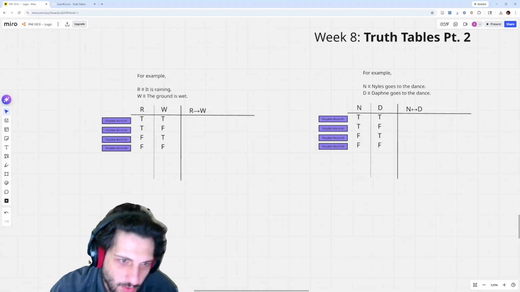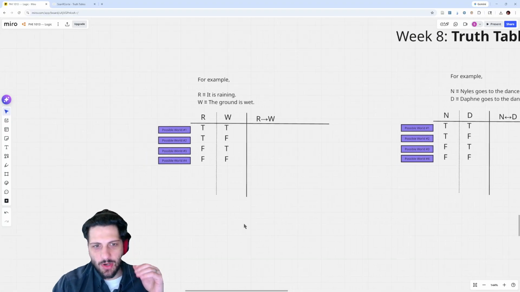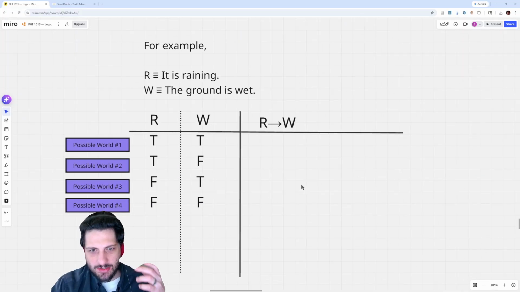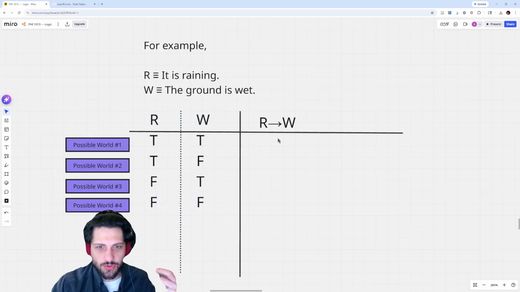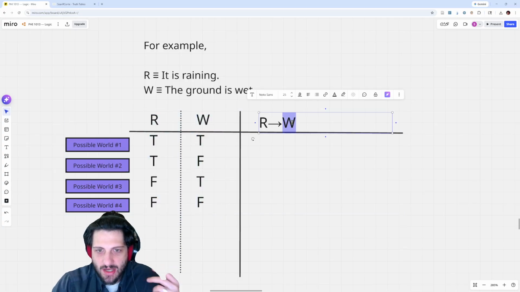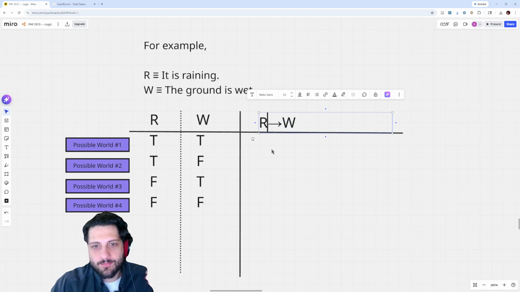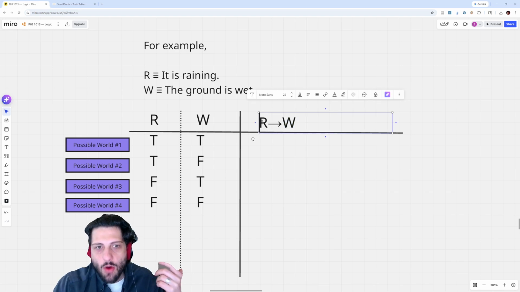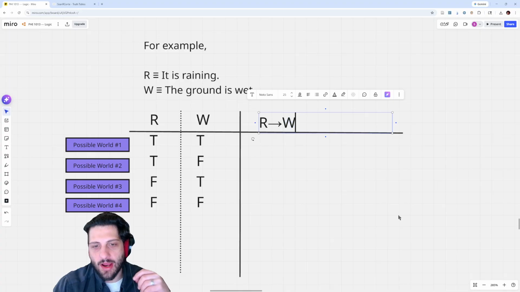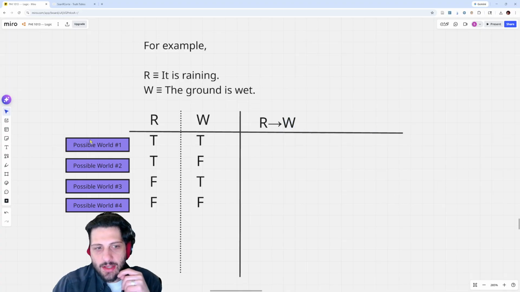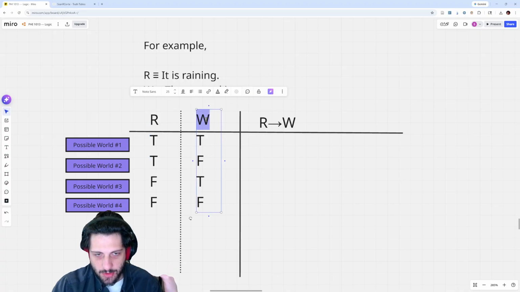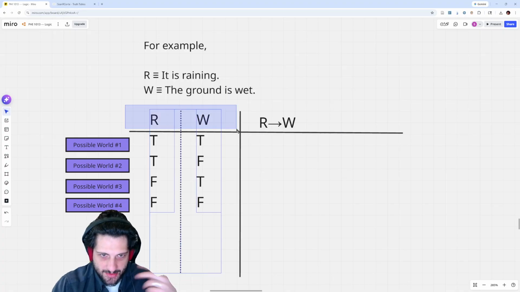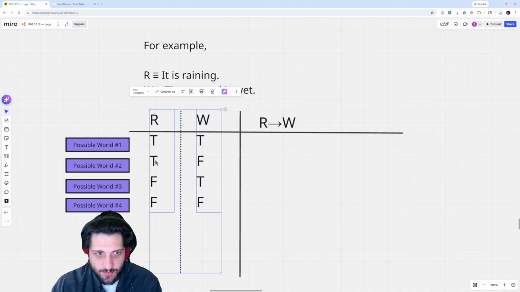Okay, so let's think about this. With a truth table, the idea is we have a specific statement, and then we want to think about all of the possible ways that the world could go with regards to its atomic sentences. In this case, we have a statement that says, if it's raining, then the ground will be wet. This statement is talking about it raining and the ground being wet. Whatever the atomic statements are, that's what tells us what our reference columns will be.